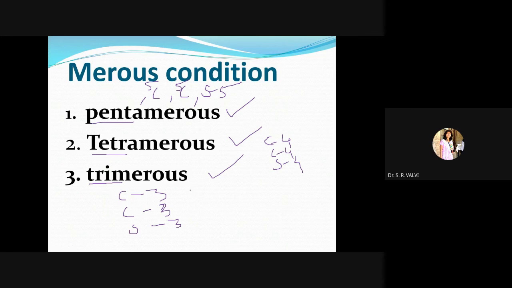Okay. So merous is nothing but what? It's in number of 5 or in multiples of 5 in case of penta. In case of tetra, it's 4 in number of floral parts or multiples of 4. In case of tri, the floral parts are in 3 or multiples of 3.